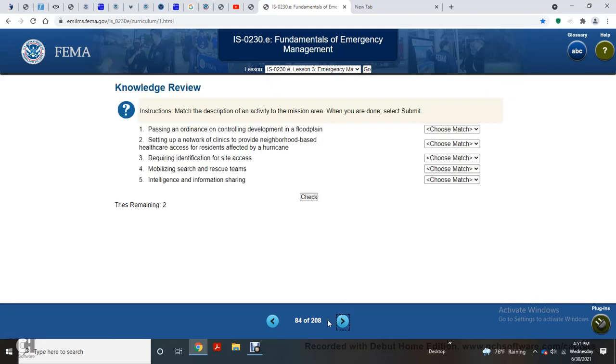Alright, key knowledge. Match the description of the activity to the mission when it's done. Passing an ordinance controlling development of a flood plain is mitigation. Setting up neighborhood health care networks for residents affected by a hurricane is recovery.